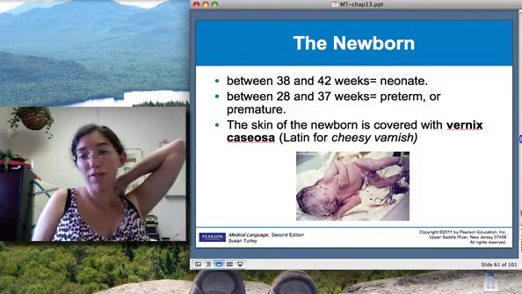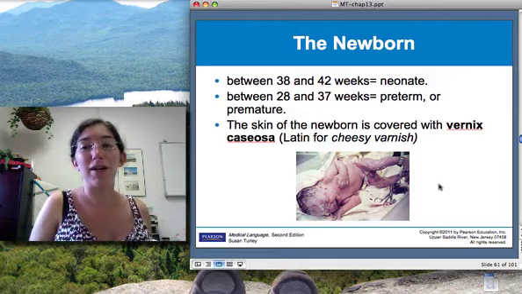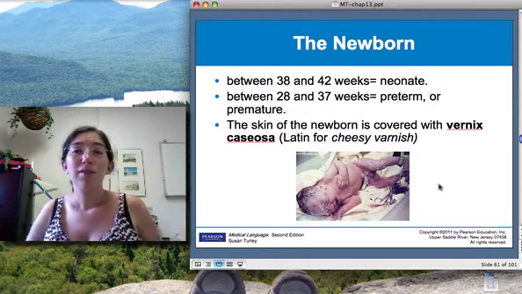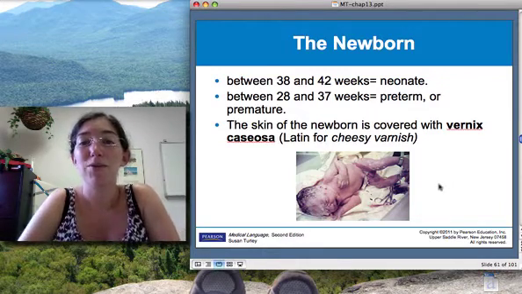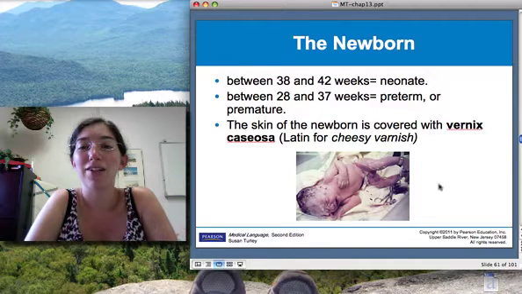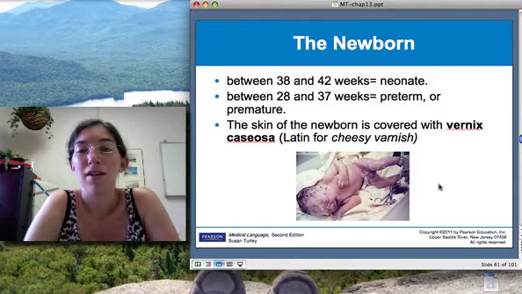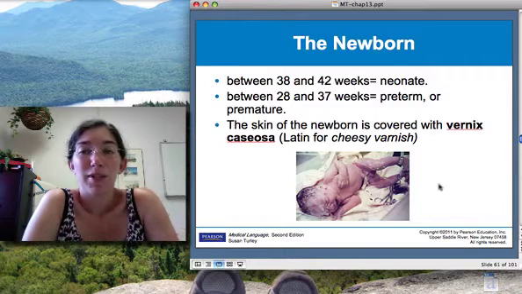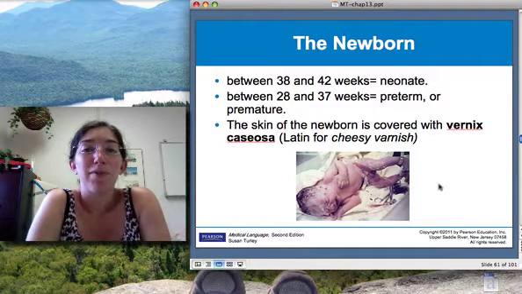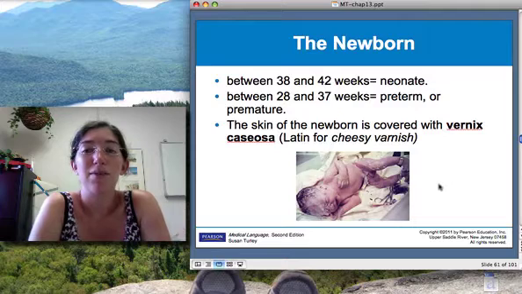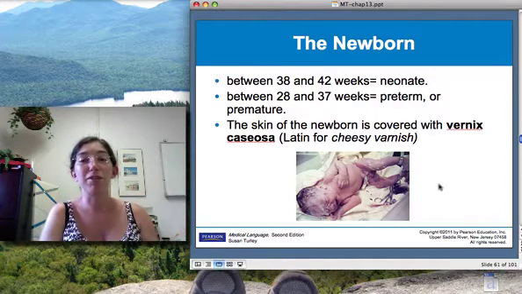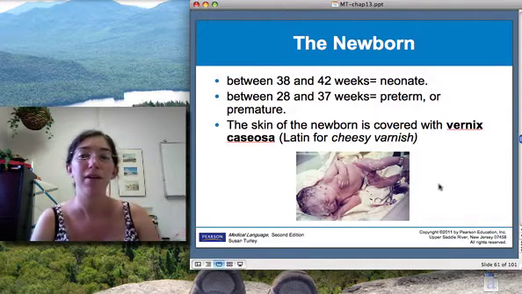Okay, so a little bit about the newborn. A full-term infant is considered between 38 and 42 weeks. Actually, I think they may have knocked the number down to 37 weeks, between 37 and 42 weeks. If you are born before 37 weeks, the baby is considered premature or preterm.